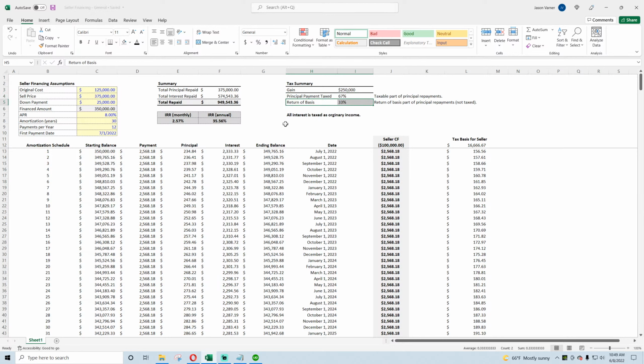I guess that's a very fair way to do it. So the seller is going to be taxed at capital gains rate for all this, and then interest rate here is just the ordinary income taxed at ordinary income levels.